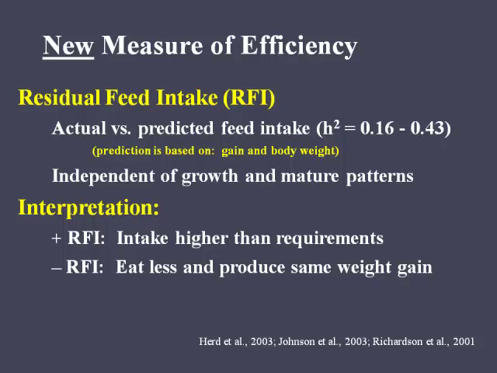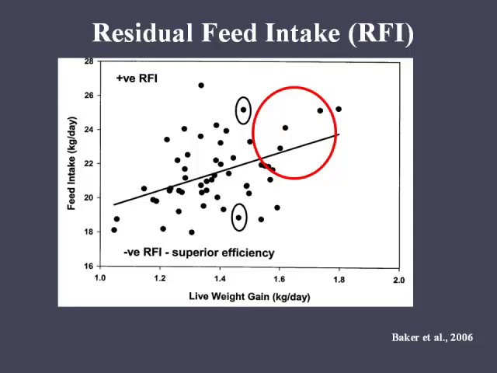For a negative RFI, these animals eat less, but hopefully produce the same weight gain as their contemporaries. Residual feed intake is something that's been thought about for a long time, but it's been slowly gaining traction.